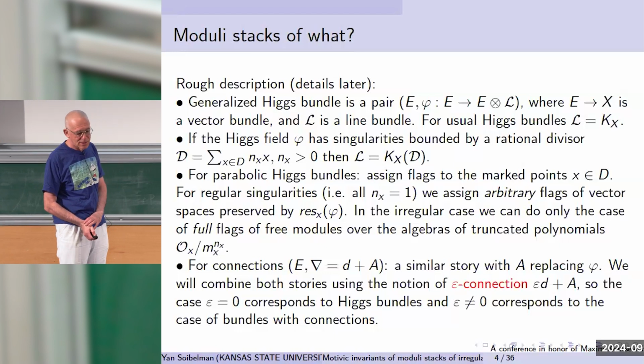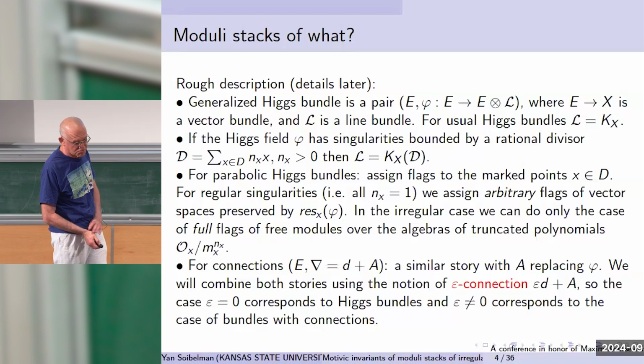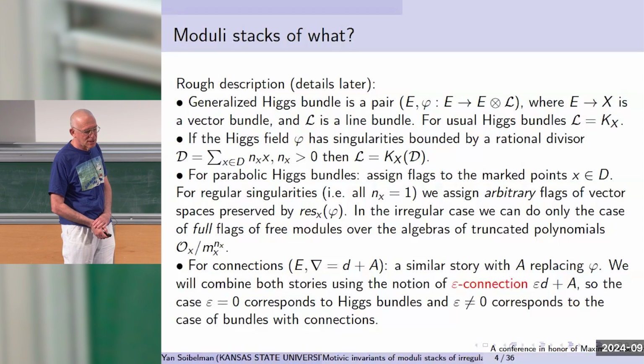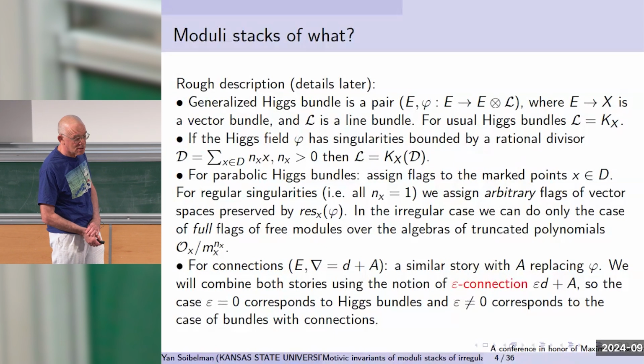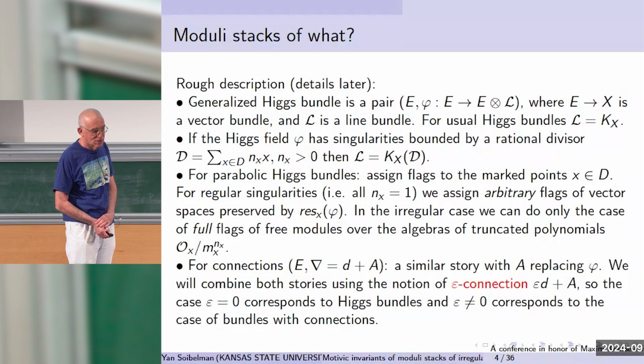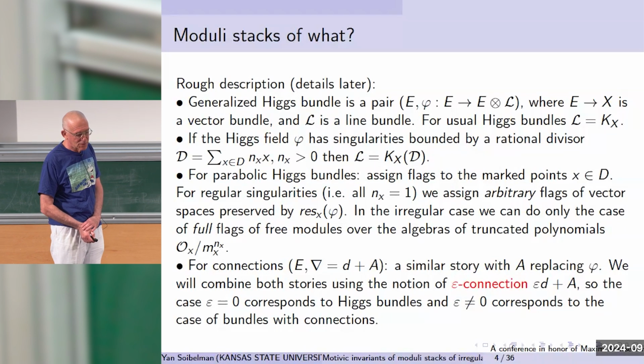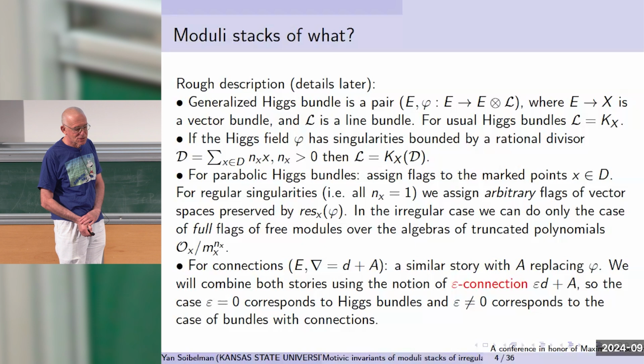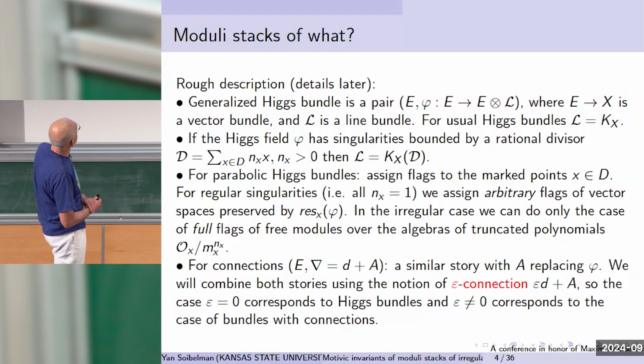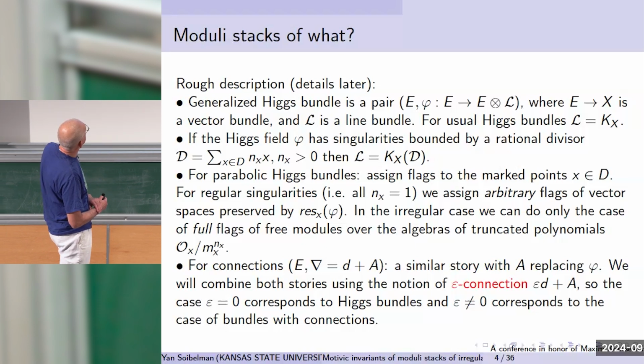So if the line bundle is the canonical line bundle, then it's the standard definition for algebraic geometers of a Higgs bundle. But we will need to consider singularities, so we will consider an effective divisor, and as a line bundle it will be a twisted canonical bundle.